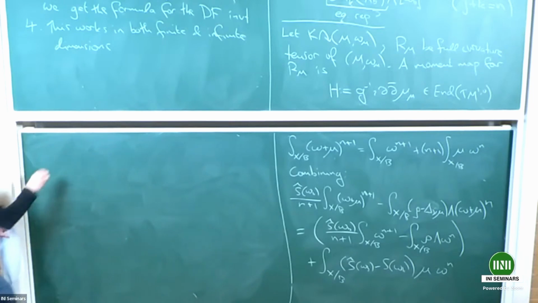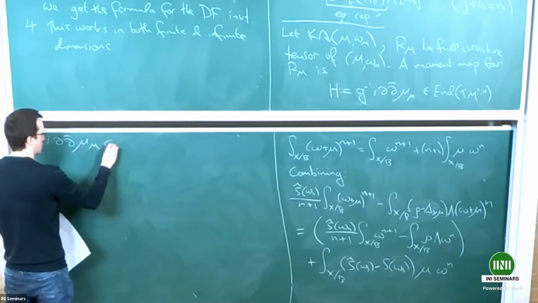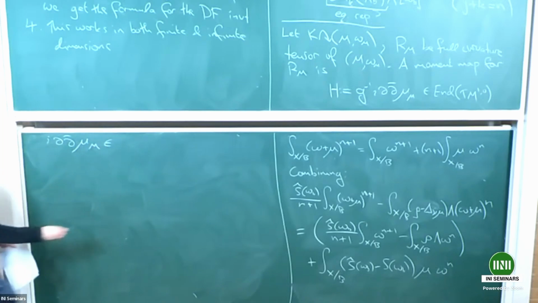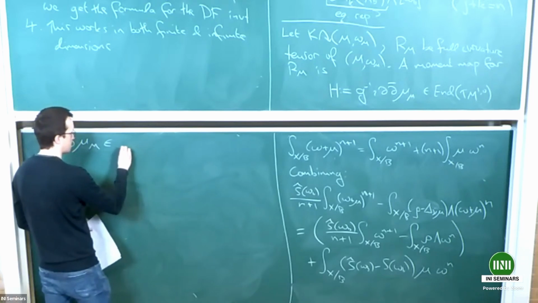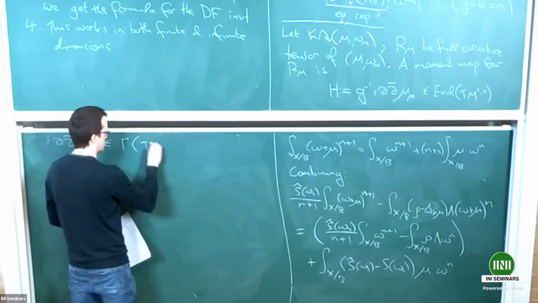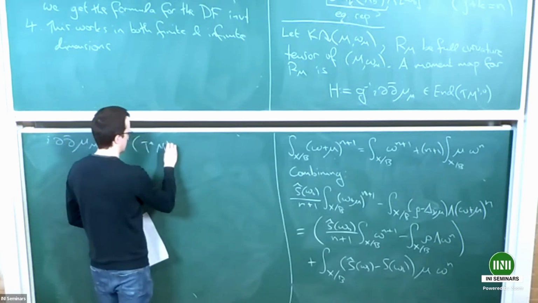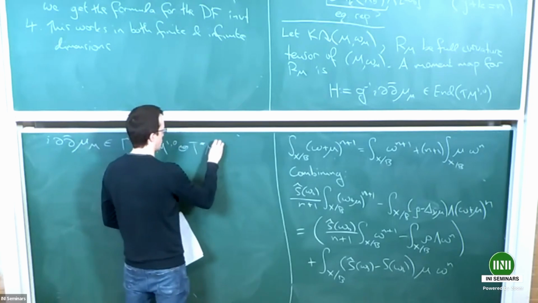So i ∂∂bar of μ_M, what is this? It's a 1-1 form, so it's a section of T*M^{1,0} tensor T*M^{0,1}.